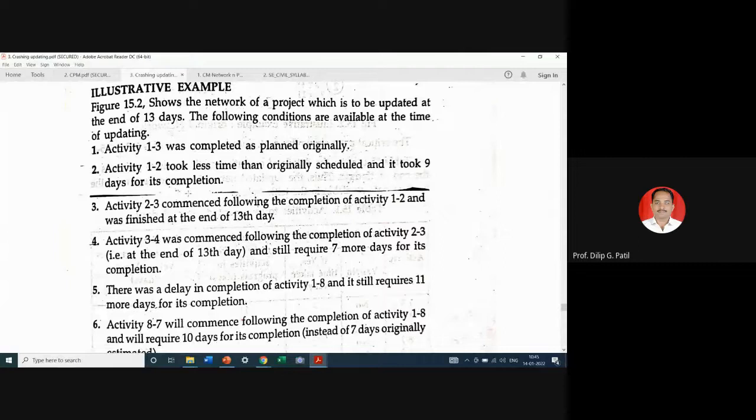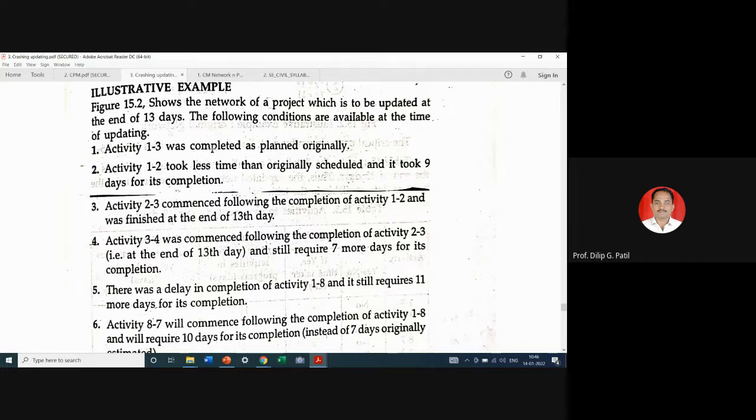Some activities will be completed, some activities will be in progress, and some activities will be in further planning, that is, they will be started after some time. So accordingly, you have to consider the activity duration for the activities which are in progress and for activities which are yet to be started. And accordingly, the project duration will also get changed.